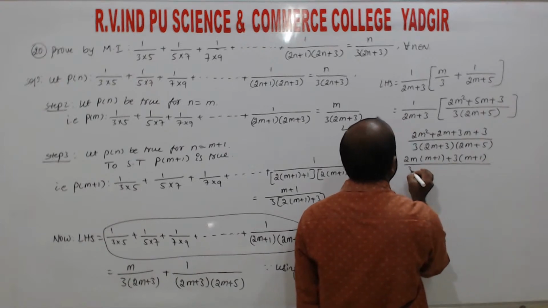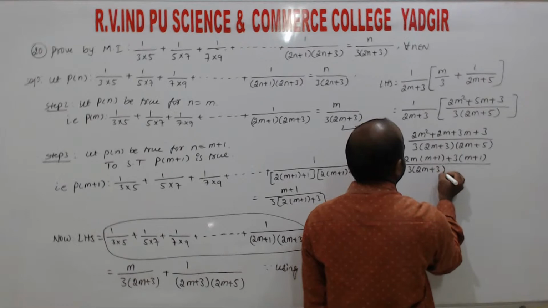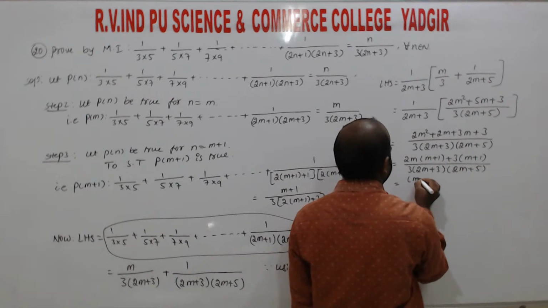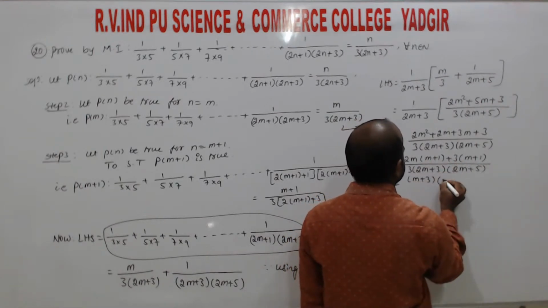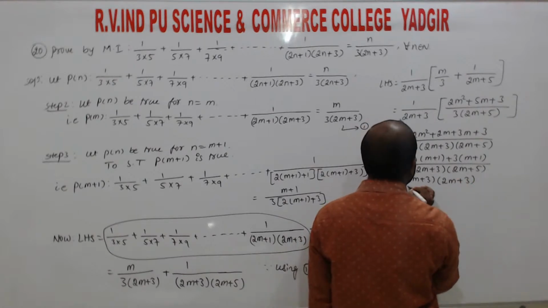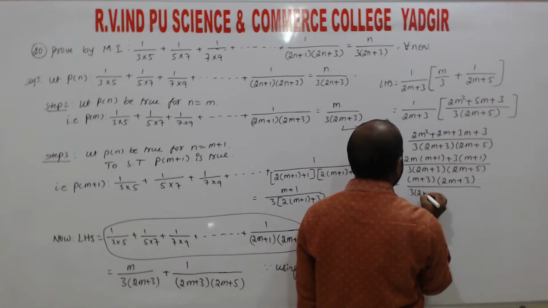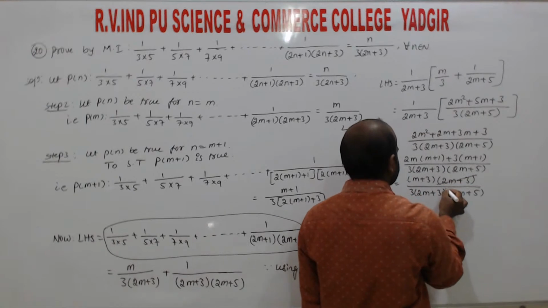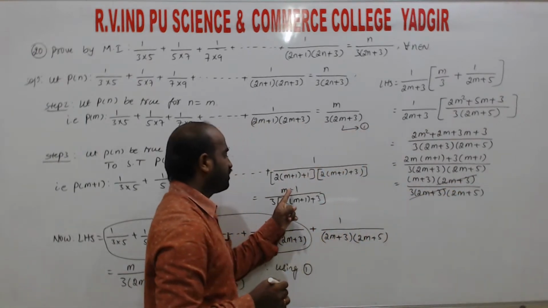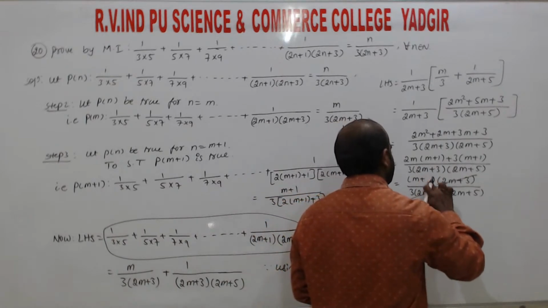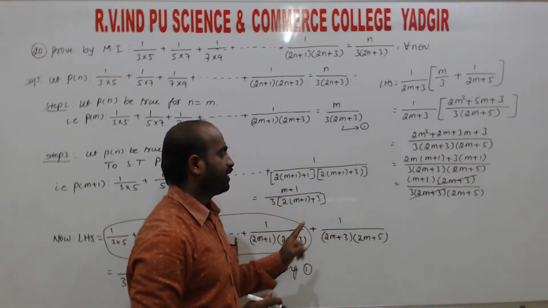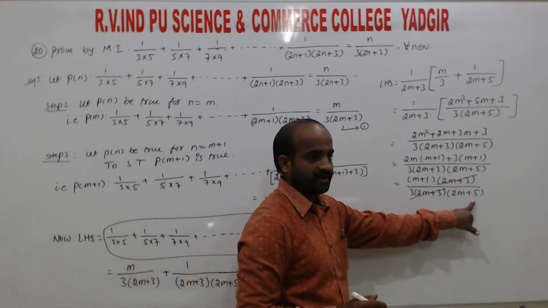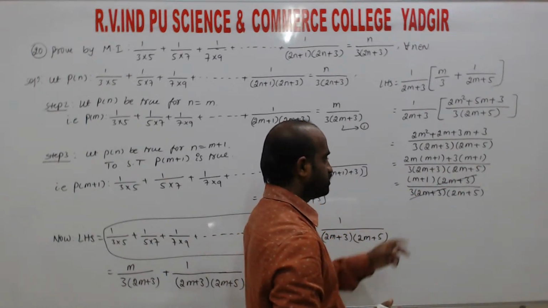Whole divided by 3 into 2m plus 3 into 2m plus 5. m plus 1 is common, then you get 2m plus 3 divided by 3 into 2m plus 3 into 2m plus 5. 2m plus 3 cancels, then you get m plus 1 divided by 2 into m, 2m, 2 into 1, 2, 2 plus 3, 5, then you get 2m plus 5, equal to RHS. This is equal to RHS.